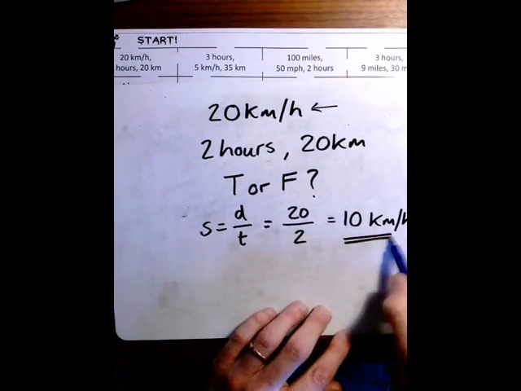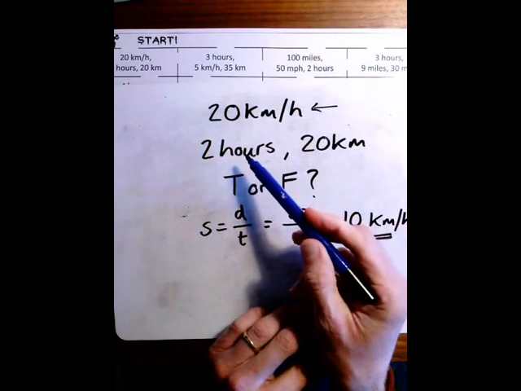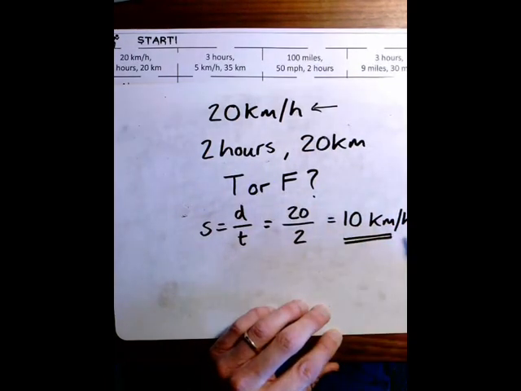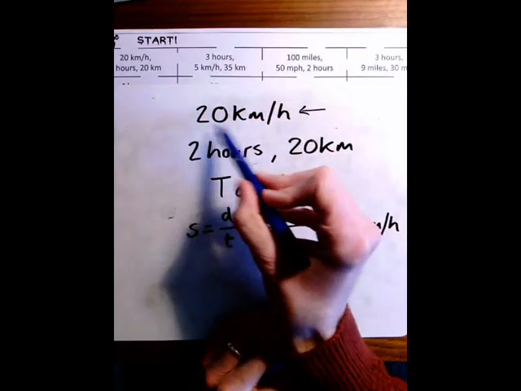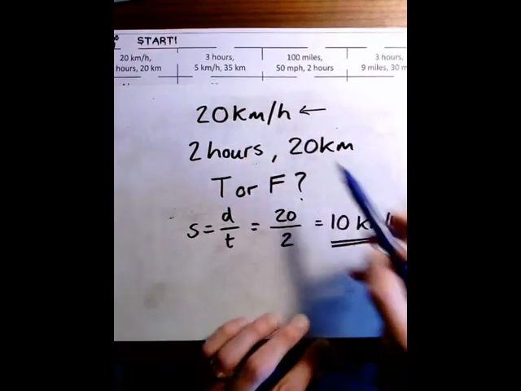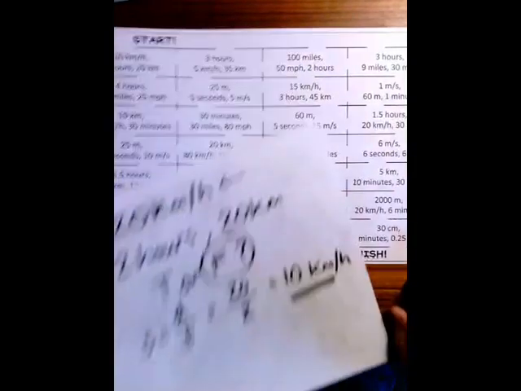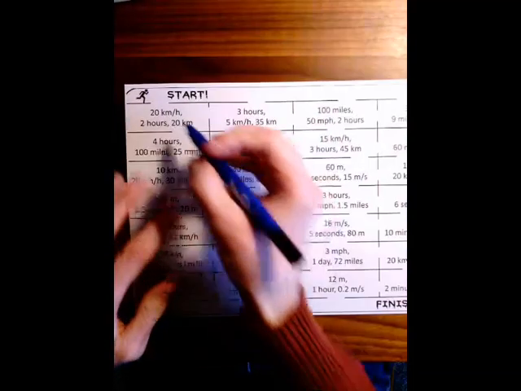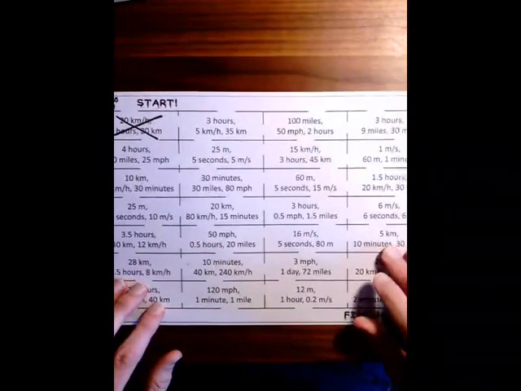But I can see that my average speed, if I did a journey of 20 kilometers in 2 hours, would be 10 kilometers for every hour. So that doesn't give me an average speed of 20 kilometers per hour. So we're going to have to say that this statement here must be false. So in terms of my maze, my starting square can't be this square.